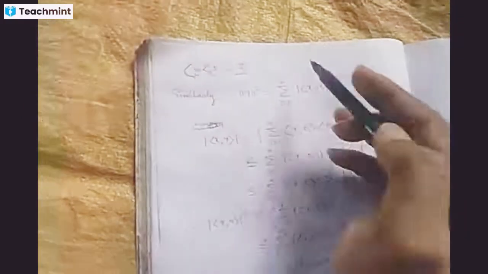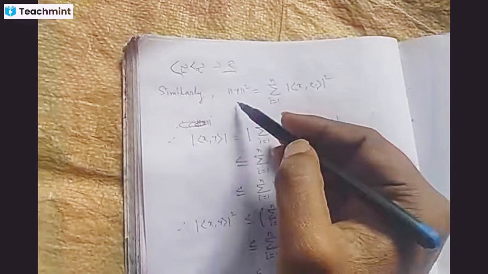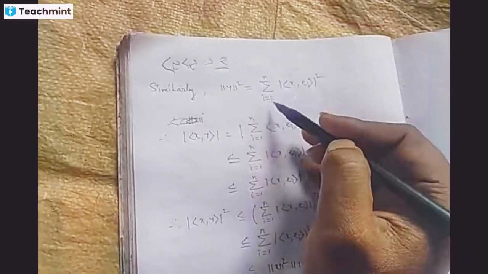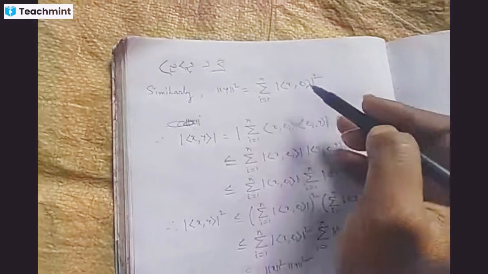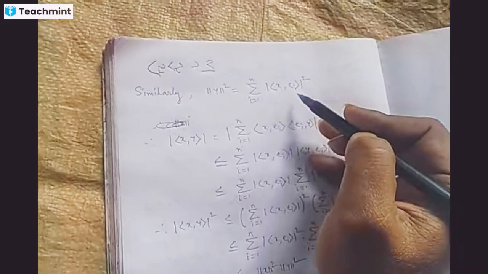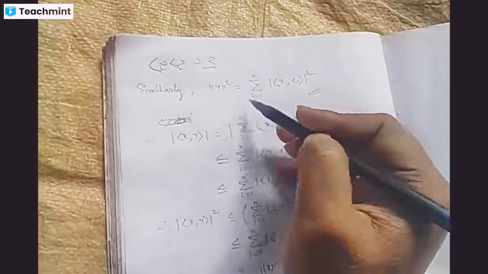Now in the second way, since we have found out norm of x, the same form holds for norm of y whole square, which will be summation i equal to 1 to n of mod of the inner product y e_i whole square. Same form for x and y both.